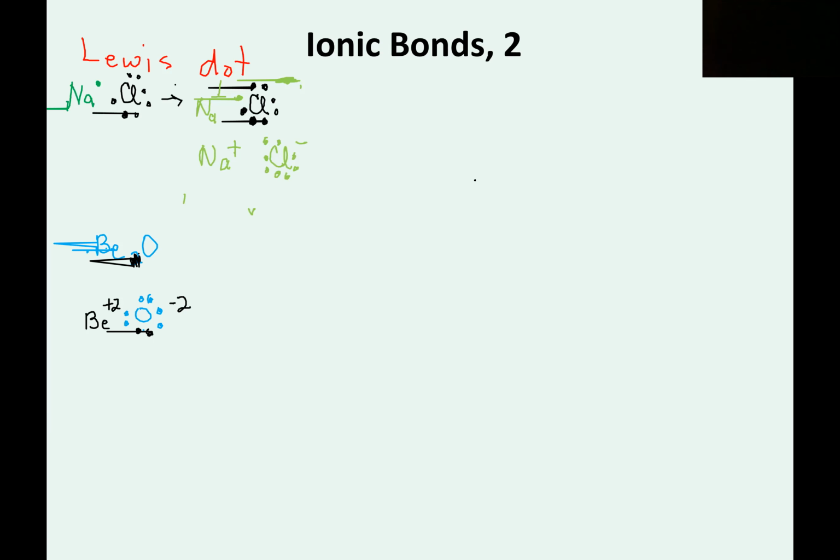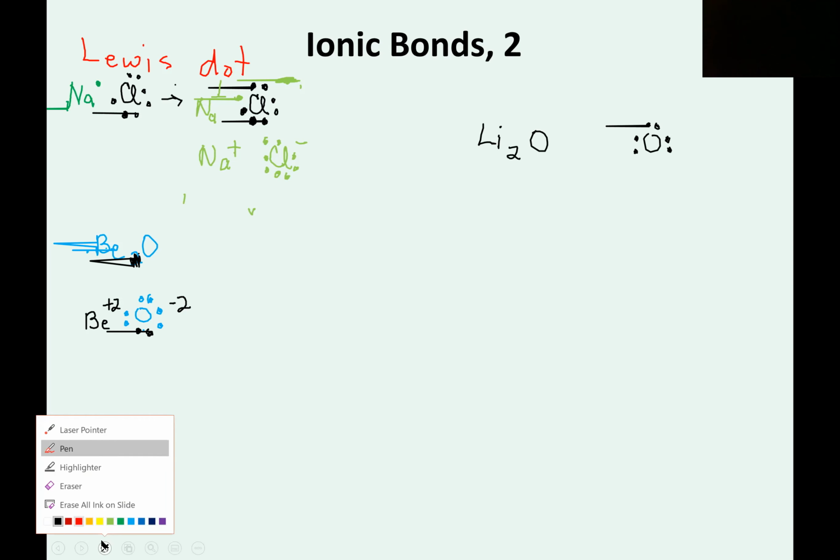Okay, so if we look at lithium oxide, that's going to have 2 lithium and 1 oxygen. The oxygen is going to be in the middle. It's got its 6 electrons. There are going to be 2 lithium.